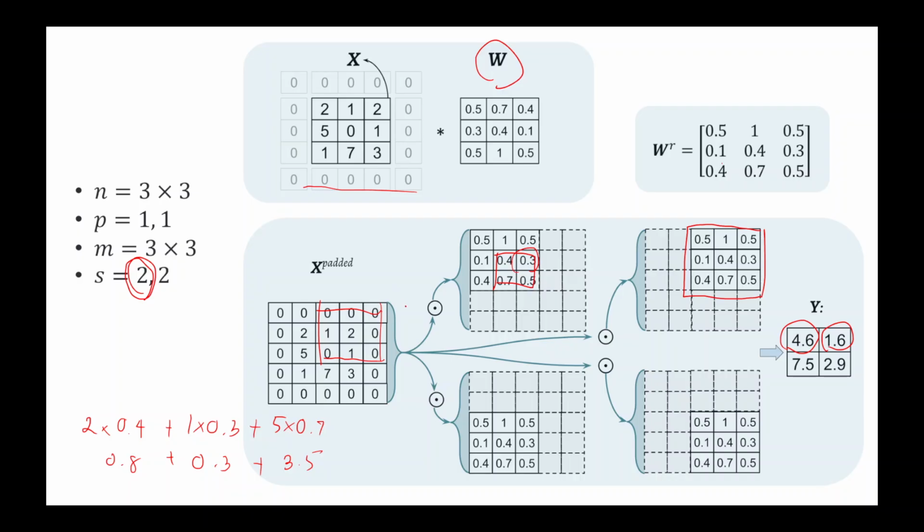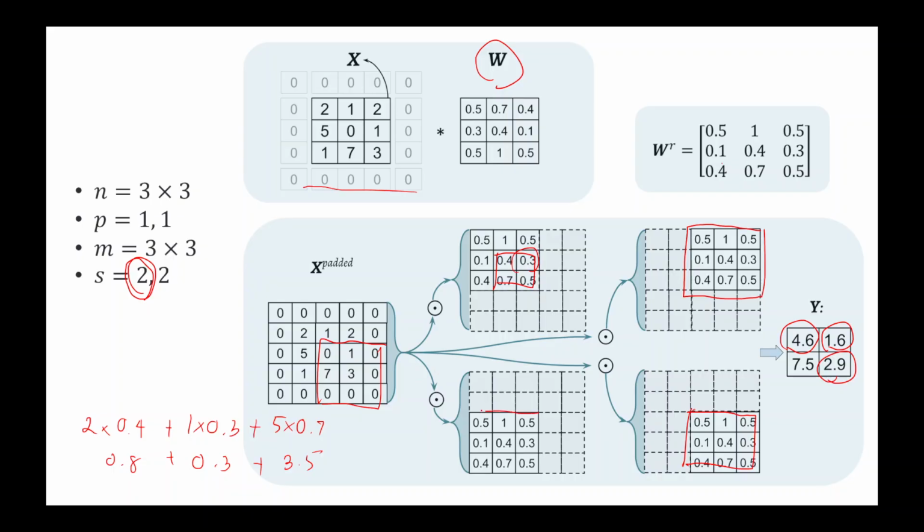And then I do another stride in the y direction. I need to skip one block, so it's going to be down here. So this kernel is going to be convolved with this region right here. And I do the multiplication and then the summation in order to get this value. And then I do another slide to the right, and I need to skip one block because of the stride equal to 2.